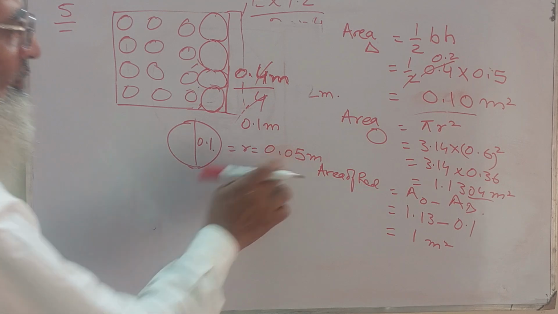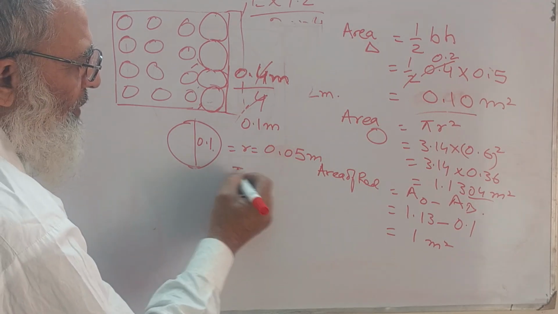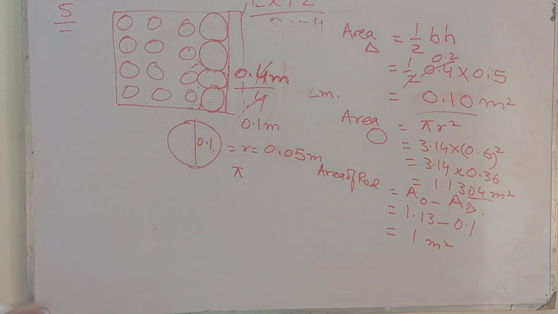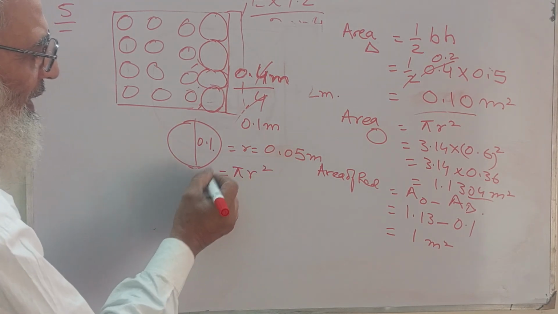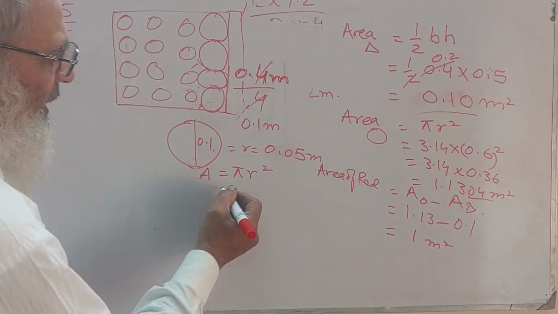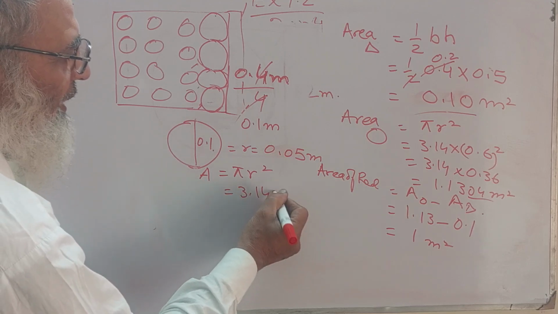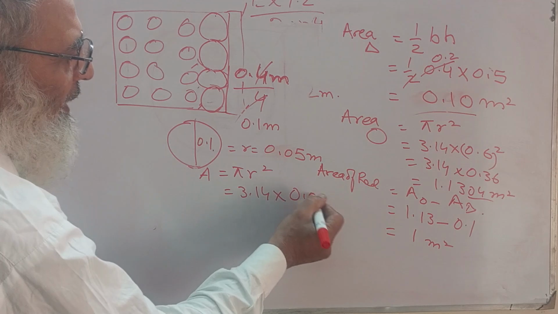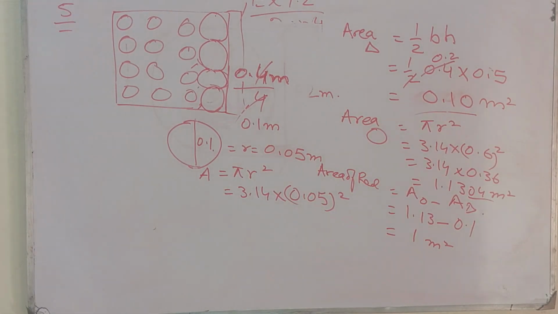Since we have found the radius, we have to find the area of this circle. So pi r square. Area of one circle is equal to 3.14 multiplied by 0.05 the whole square. 0.05 the whole square.